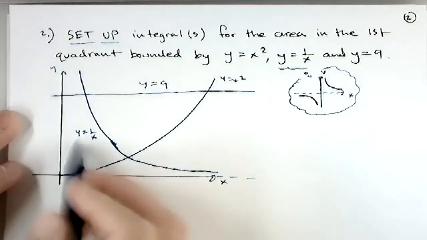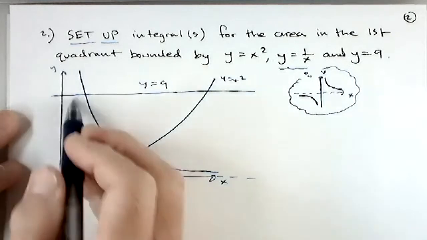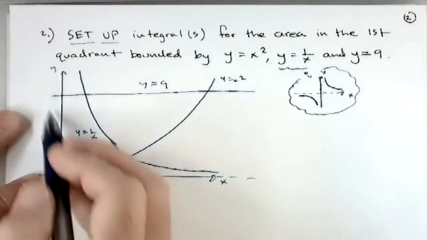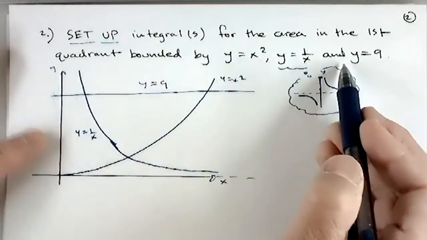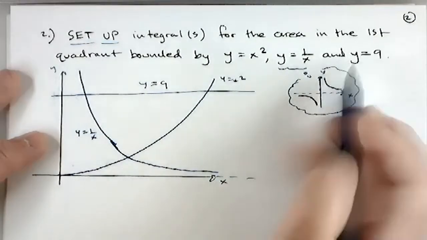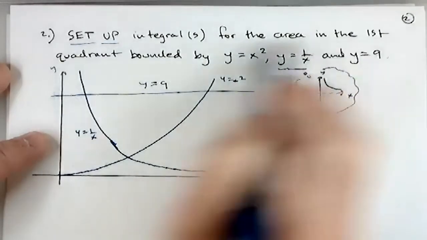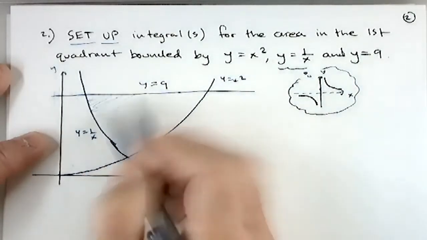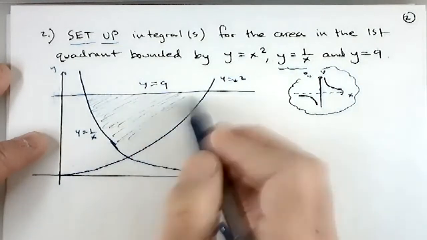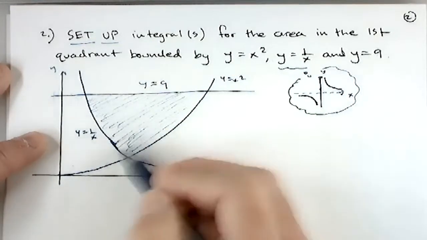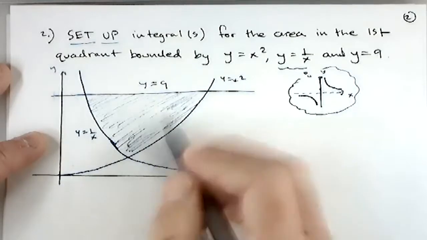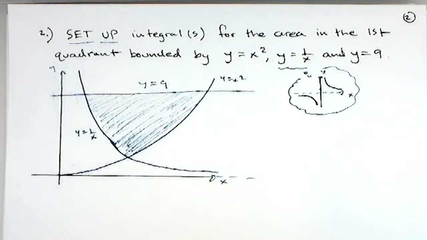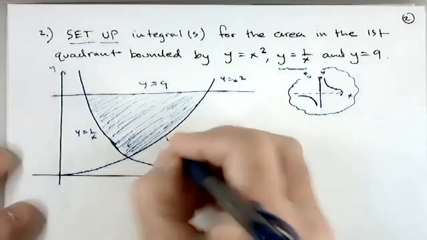The reason it's not this one right here is because that also would be bounded by the y-axis, which is x equals 0. And if they meant this, they would have put that in here. The only area bounded by just all three of those would have to be this region. Let me rewrite under here, y equals x squared.